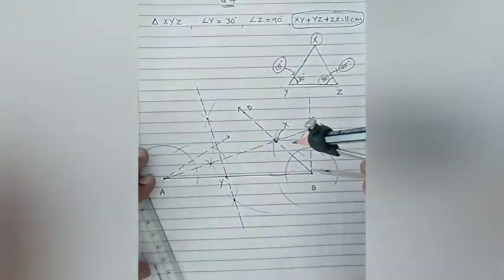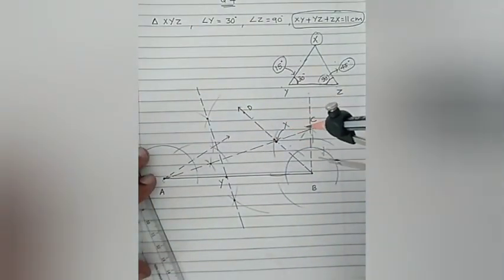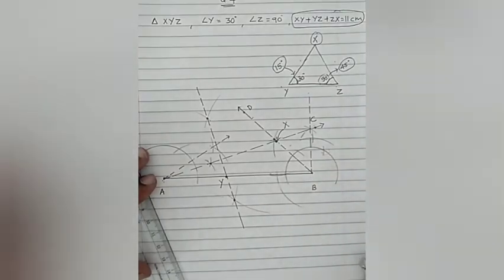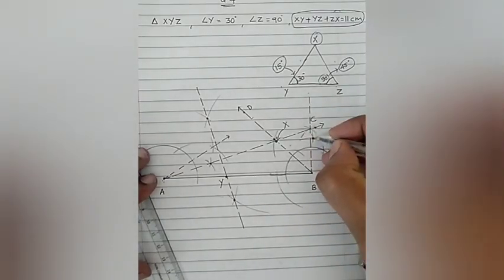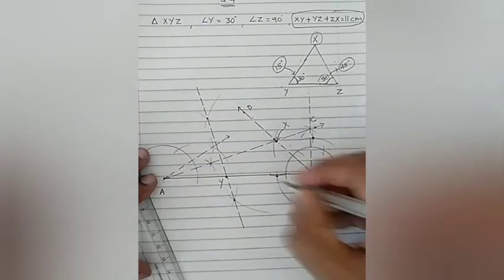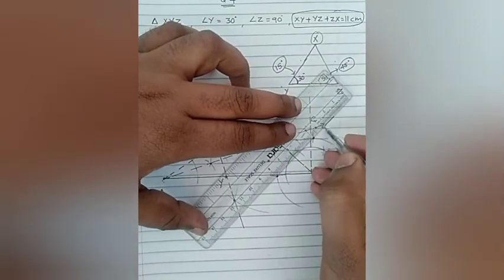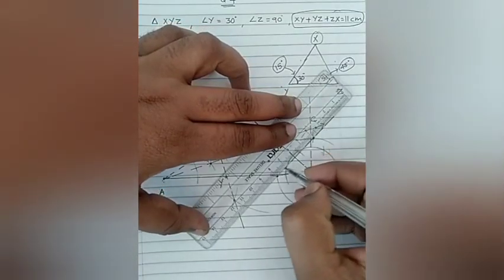Maybe I have to extend it. So from point B, I shall extend it. And over here, you find that these are the 2 points of intersection. So I'll draw dotted lines again, passing through these 2 points.